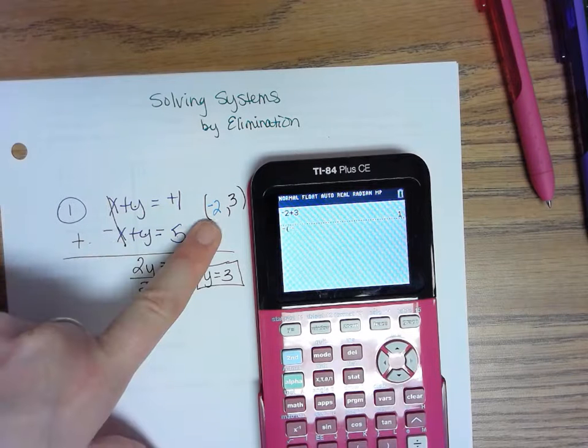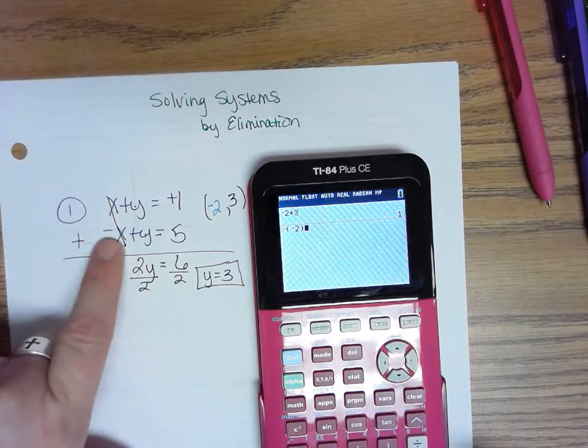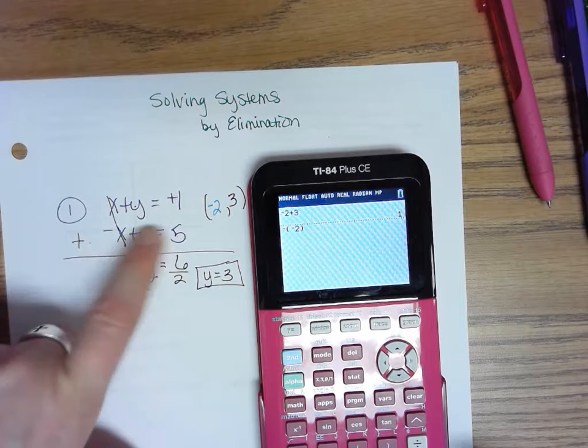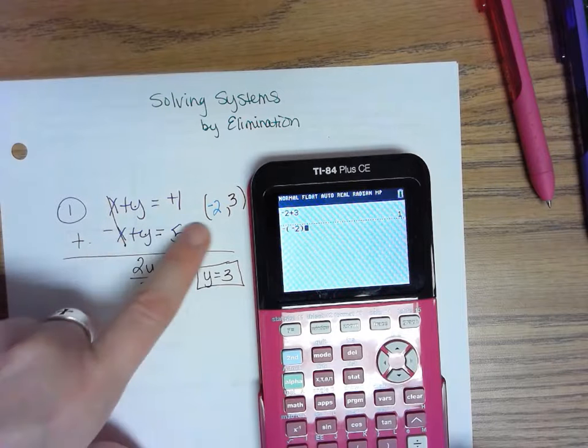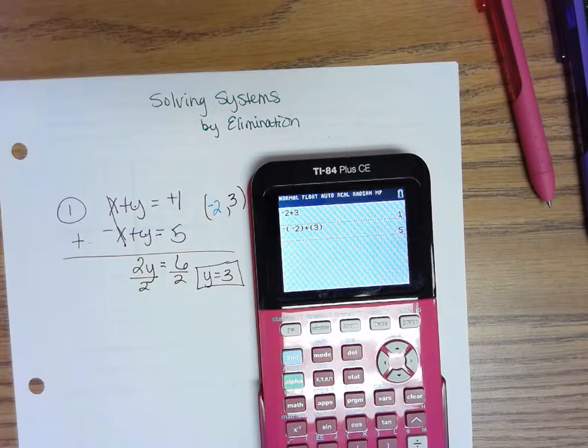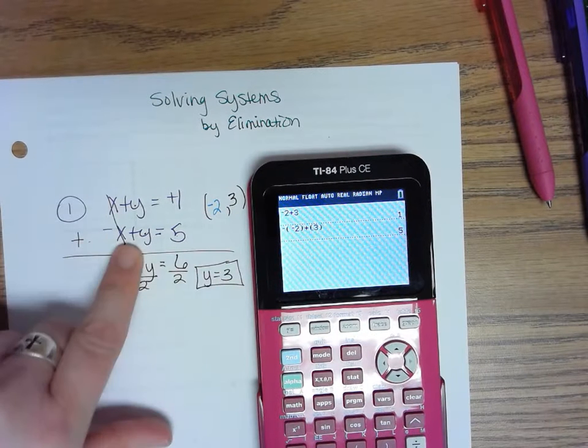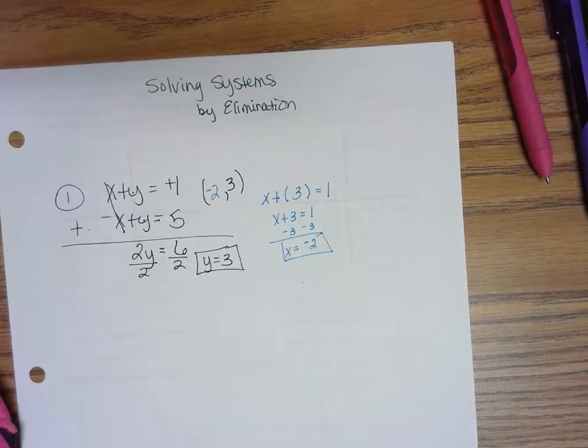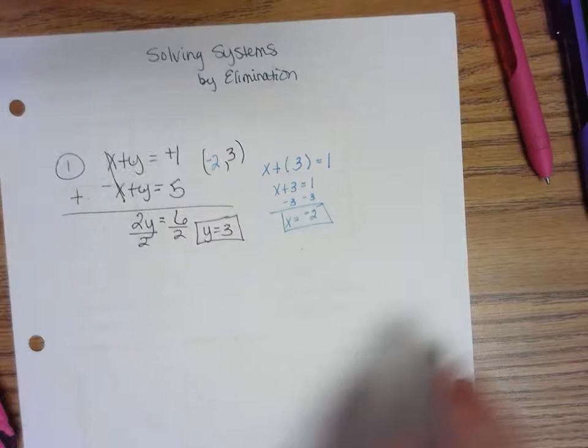X happens to be negative 2. The negative in the problem and the negative for x both go in. It says plus, and y is 3. And notice I get 5. So I have done this problem correctly because this point worked in both equations. That is the point they share in common, the point on the graph where they intersect.